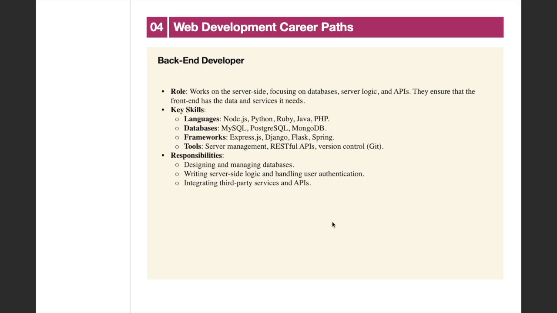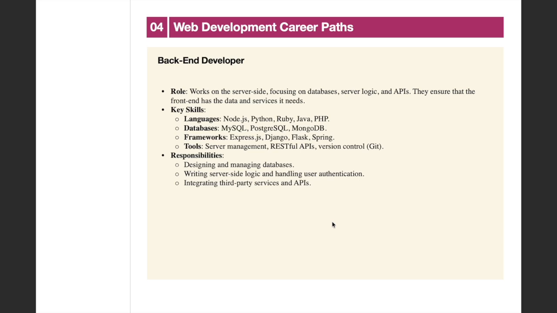And finally, the full stack developer. This is the ultimate goal for many. A full stack developer is a combination of both front-end and back-end development. You handle absolutely everything from the user interface all the way deep down to the databases. You need to be proficient in client-side languages like HTML, CSS, JS, and server-side languages like Node.js and Python, as well as frameworks for both sides.